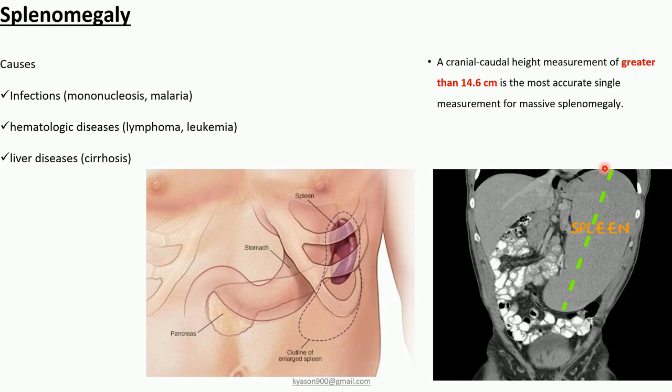If it goes beyond 12 centimeters, that's a sign of splenomegaly. If it goes beyond 4.6 centimeters, that's a sign of massive splenomegaly. Also you can see that the spleen is going to be enlarging towards the pelvic cavity. Remember, its lower end is pointing towards the pelvic cavity, as you can see. So whenever it enlarges, it's going to be enlarging towards the pelvic cavity. That's another important thing to note.